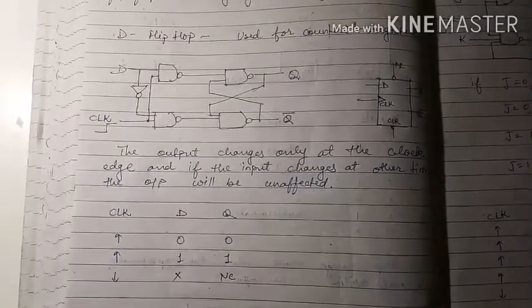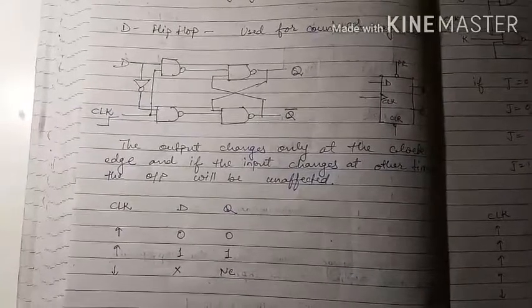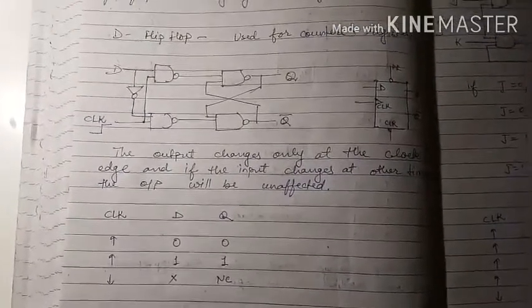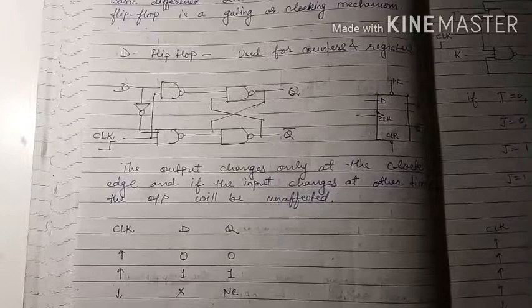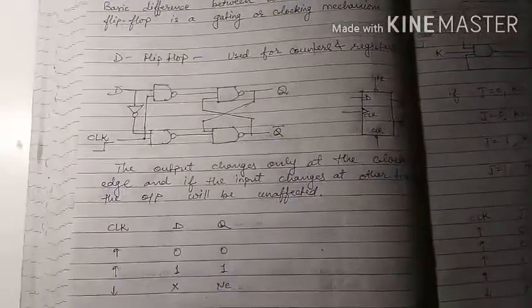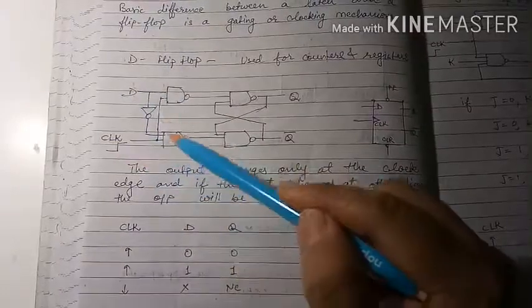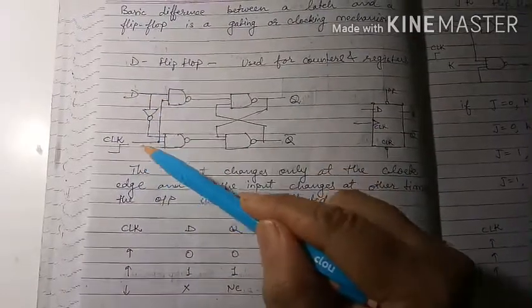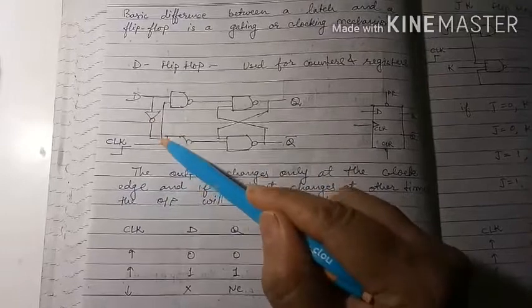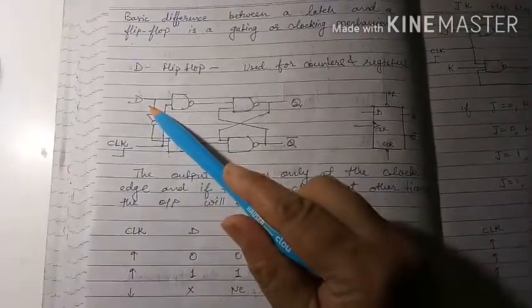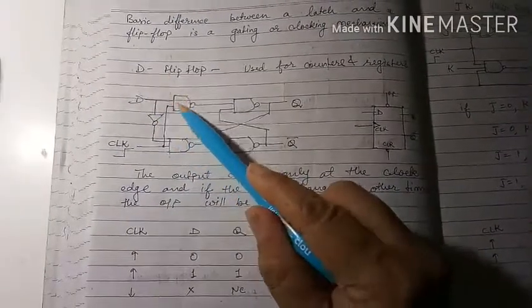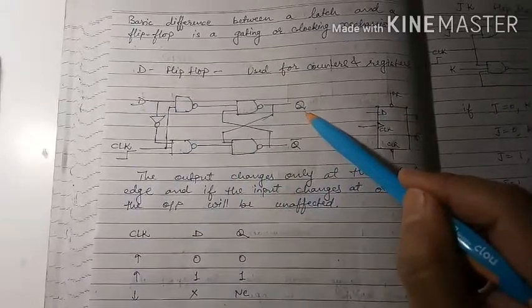In the second part you can observe a NAND latch, and in the first part you can observe the D input with a gated structure. This is the D input, this is the clock signal, this is the inverted one, and whatever the input is given, it is obtained at the output.